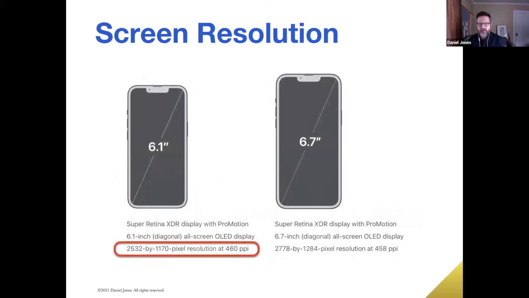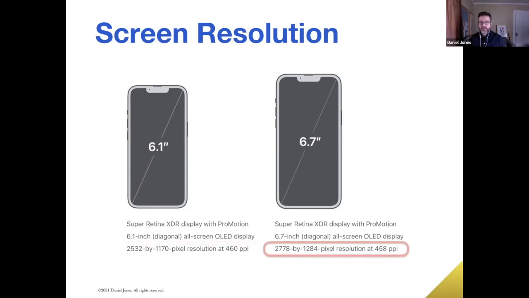If we're looking at these two smartphones side by side, this one has a pixel resolution of 2532 by 1170 pixels that make up that screen. This one is a larger screen, so it has more pixels that make up the screen.